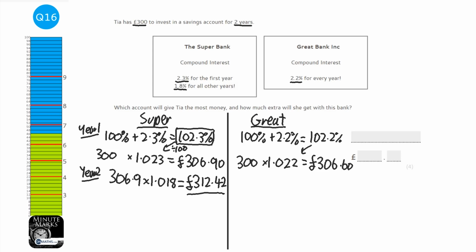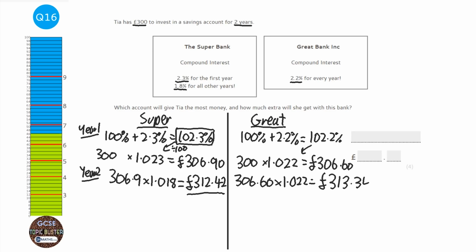Then I'm going to times that again by 1.022, and this time I get 313.34. Ooh, actually that would be 5 if I round it to the nearest penny.